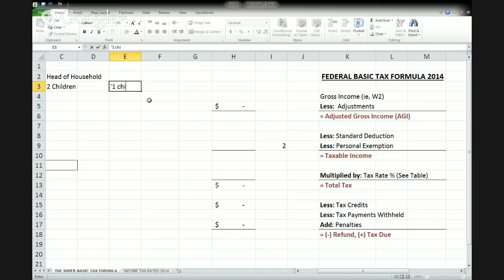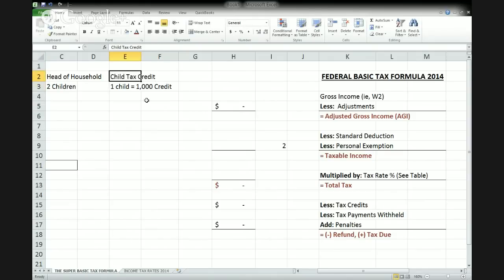So one child equals $1,000 credit. This is not true in many cases, but it's safe to say that for a lot of people, this is the situation. And this is because of a credit called the child tax credit.